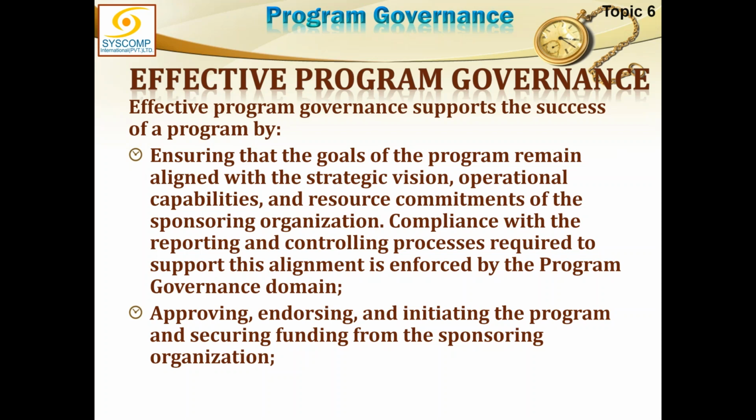But effective program governance means that you diligently follow the governance guidelines and lead your program to success, ensuring that the goals of the program remain aligned with the strategic vision, operational capabilities, and resource commitments of the sponsoring organization. That is your first objective as far as the program governance is concerned.